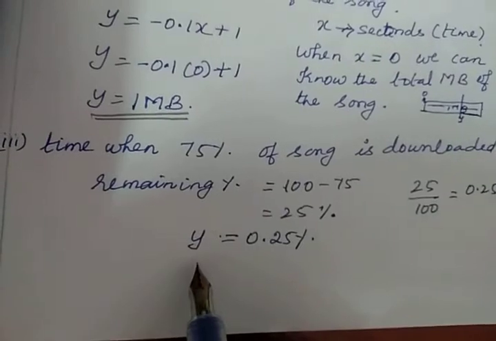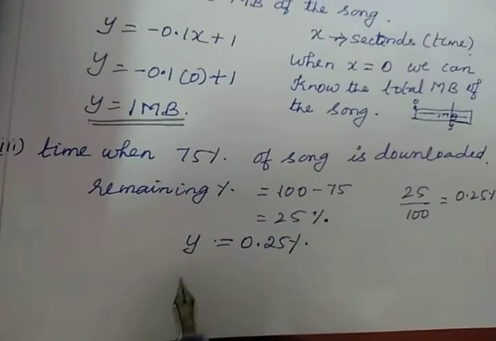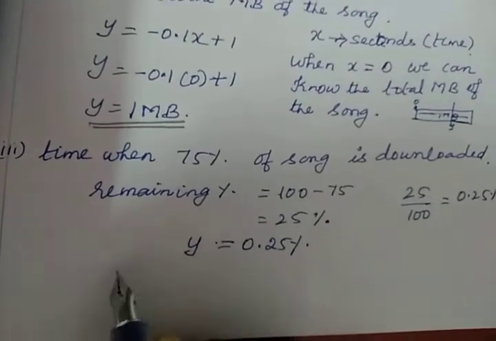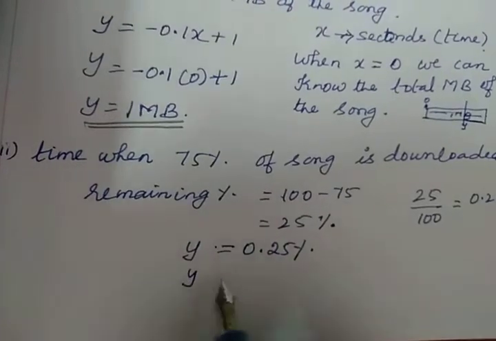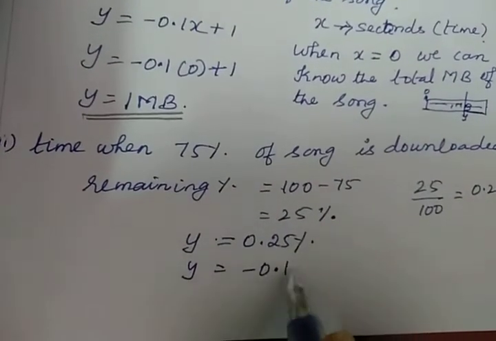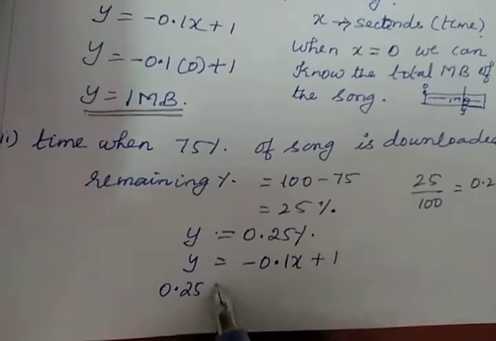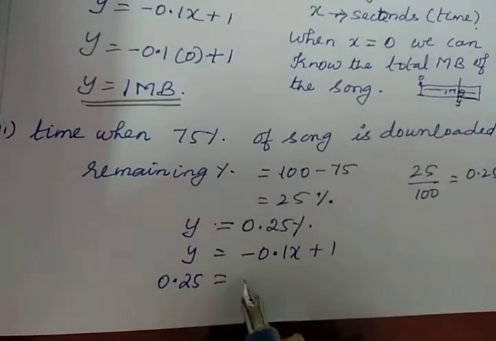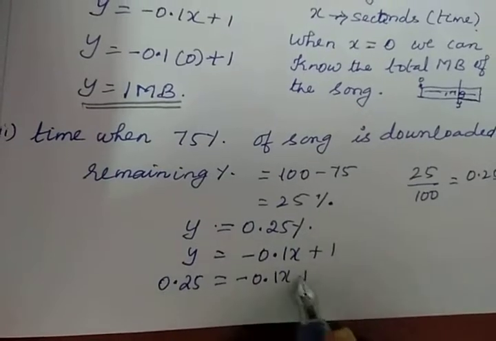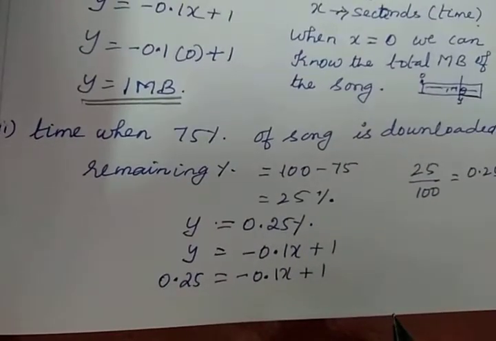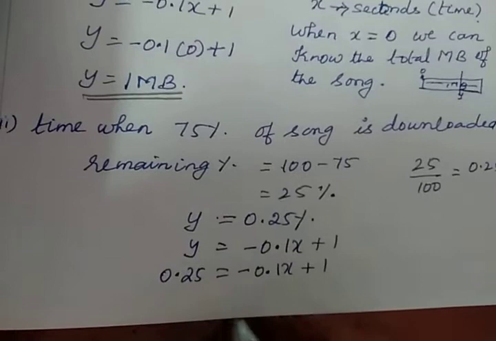That is what we keep: y is equal to 25%. Clear children? Now write the equation: y is equal to minus 0.1x plus 1. So 0.25 is equal to minus 0.1x plus 1. We are finding x here.